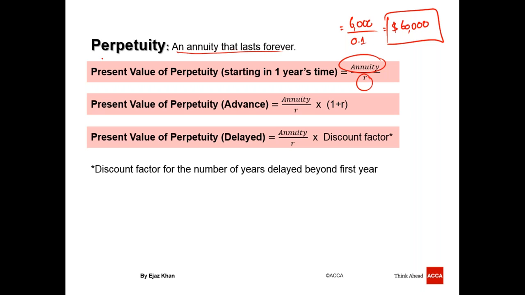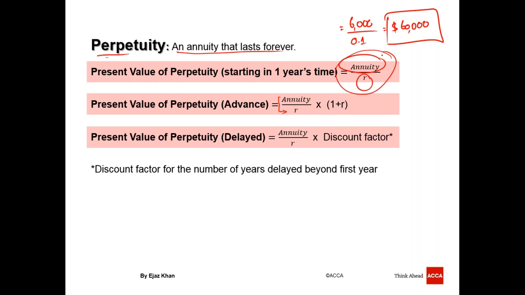Whatever the case is, in case of perpetuity, the first step will be to divide annuity by the discount rate. In any case, if it's a perpetuity project, all you have to do is divide the annuity by your discount rate. Once you have done this, you have to look at whether it's an ordinary annuity. If it's an ordinary annuity, do nothing. You've got the present value.